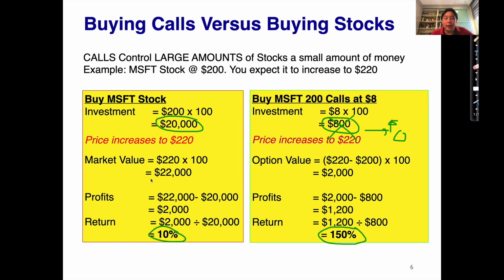So because of that, I tell my students that you should never buy options for investing. Because in investing, you know the stock will go up, but you're willing to wait for the long run. You should only use call options for short-term trading. Please write this down somewhere.